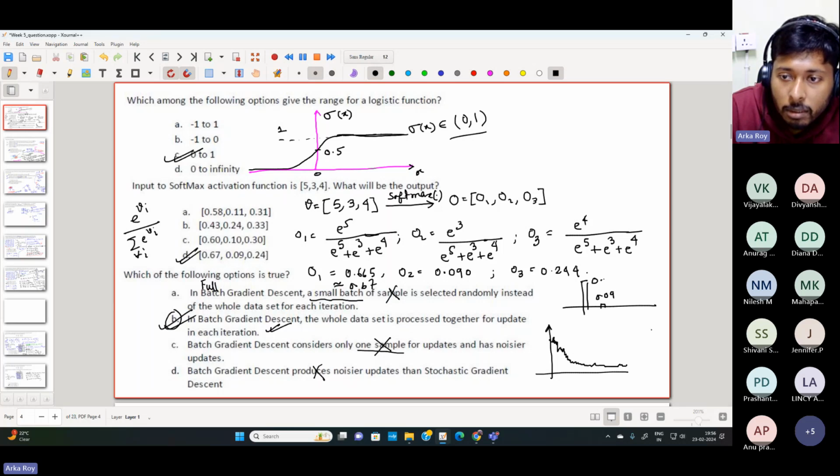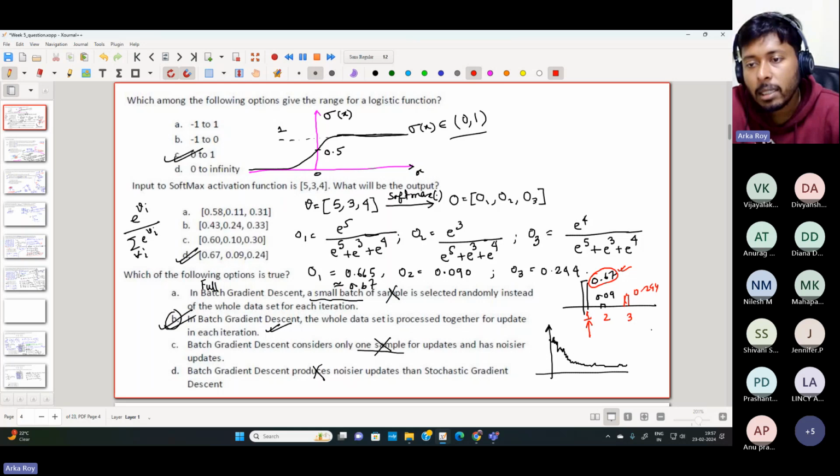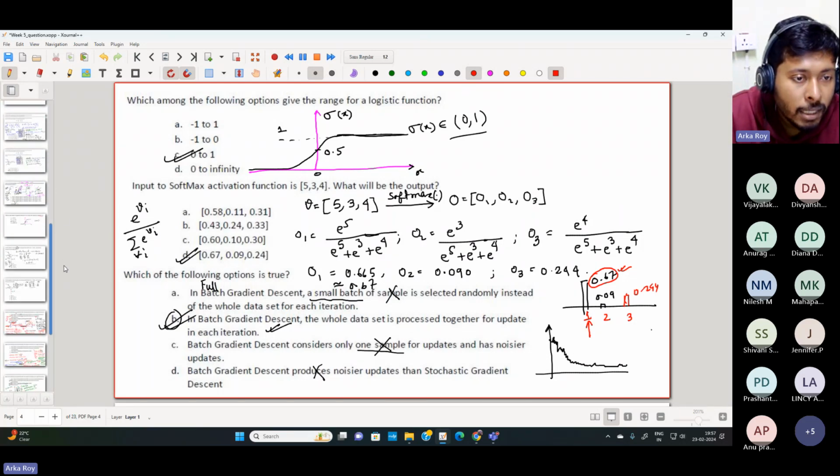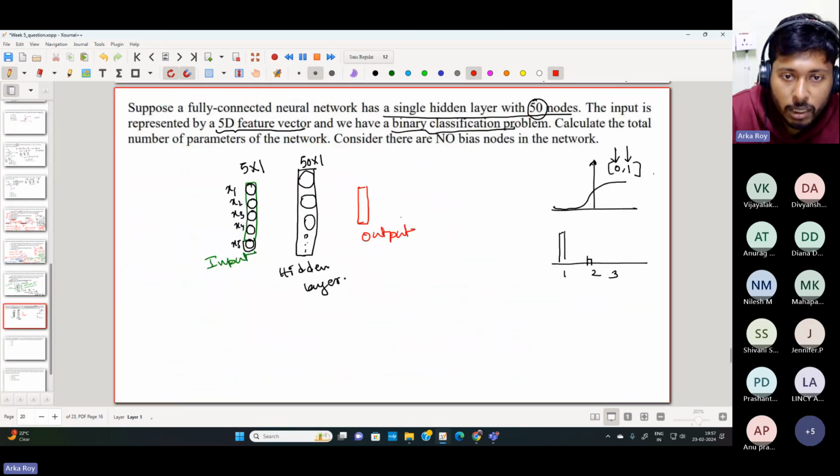This is high because it is 0.67, and another one is a little bit higher than the first one, 0.24. Whichever class this probability value is maximum for, we consider that that particular sample belongs to that class. So over here we can see that for class 1 the probability value is highest. So we can say that this image belongs to class 1. So this is how binary classification and multi-class classification can be done in the regime of neural network architecture.